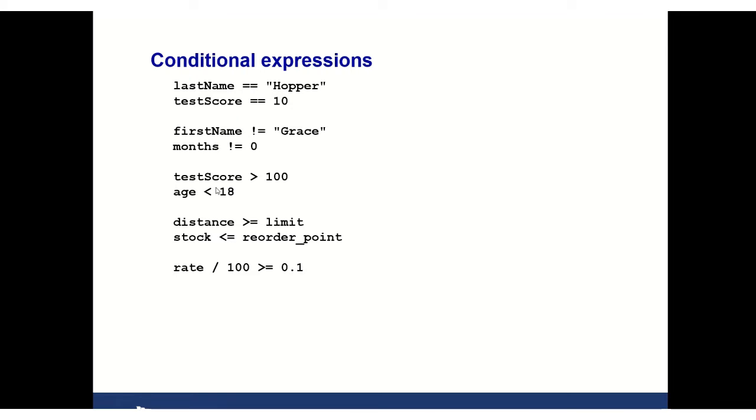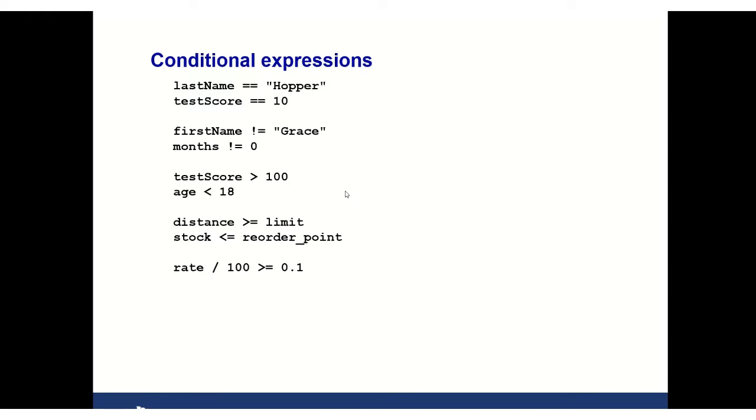When you look at the conditional expressions, you are looking at things like last name equals Hopper, test score equals 10, and also first name not equals Grace. You can see the conditional expressions here, right? These are the typical conditional expressions we are going to use. For example, you see the third set, test score greater than 100.